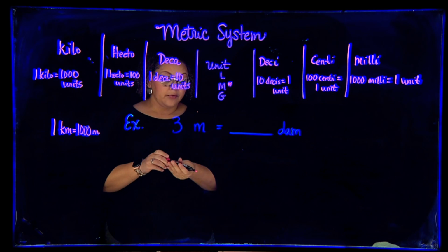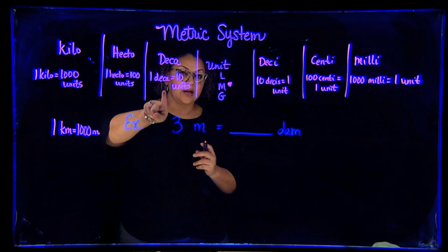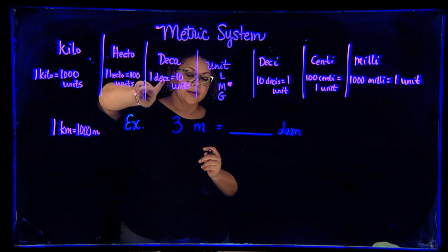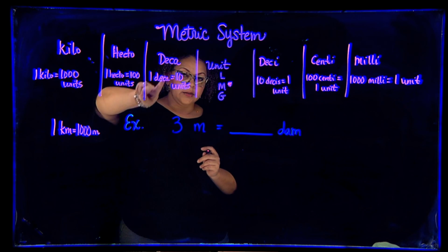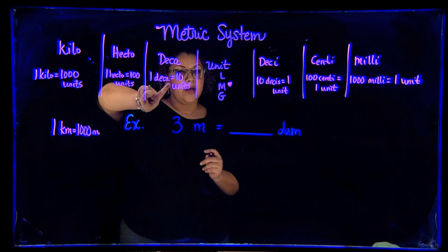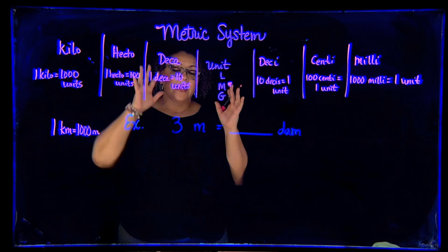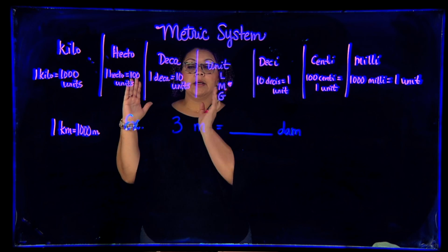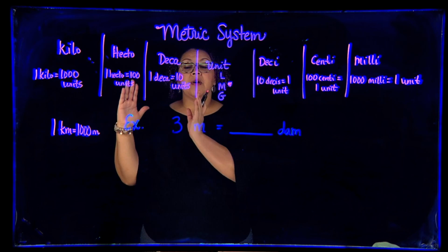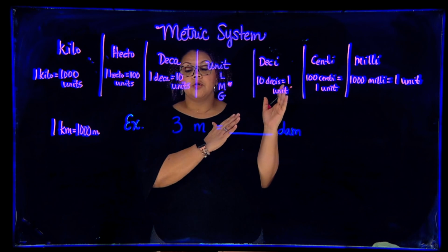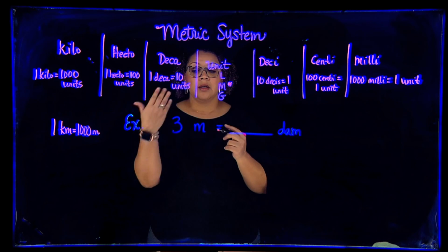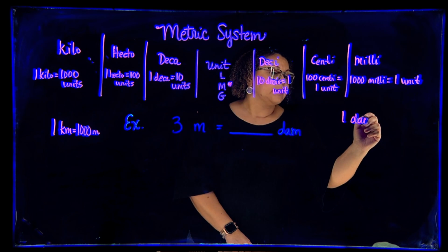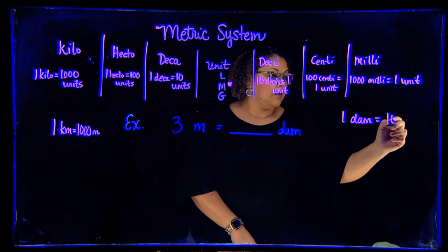If we start here with meters and I want to go to deca, that means that in 1 deca, I would have 10 meters. So again, think of if I'm moving to the left on my metric system chart, I'm dividing by 10, but if I'm moving to the right on my metric system chart, it's as if I'm multiplying by a factor of 10. So the unit conversion that I'm going to use is 1 decameter equals 10 meters.